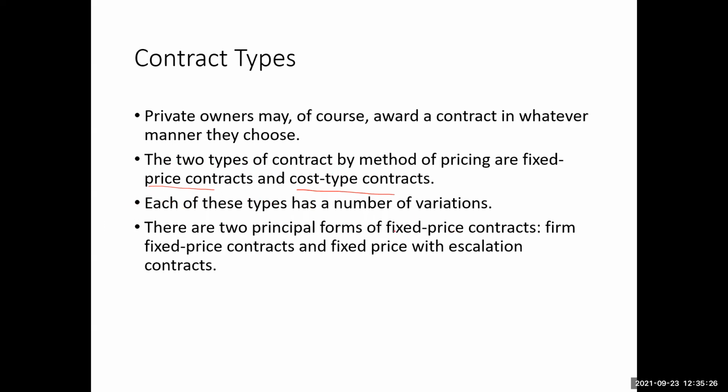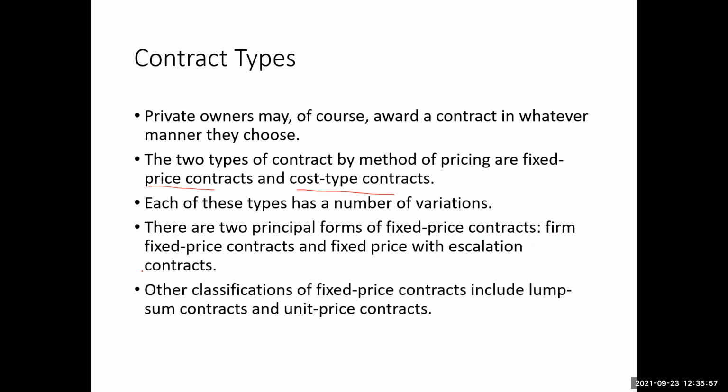One is the firm fixed price contract and the other is the fixed price with escalation contract. The names of these contracts just give us an indication of what these contracts are.